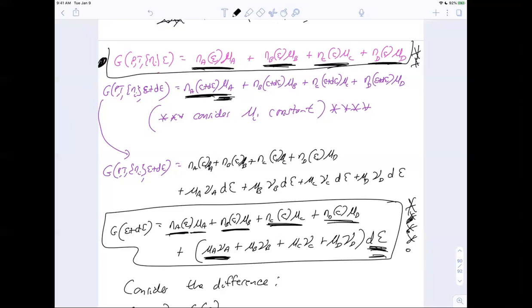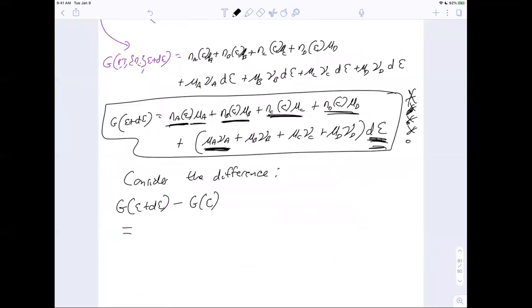Okay, so that difference, G at epsilon plus d epsilon minus G at epsilon, is just going to be the stoichiometric coefficient of A times mu sub A, plus that of B times mu sub B, and so on, plus the chemical potential of D times its stoichiometric coefficient, all times d epsilon. Okay. Any questions or comments?